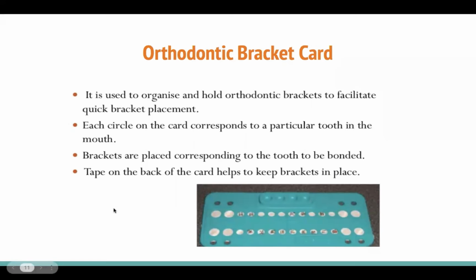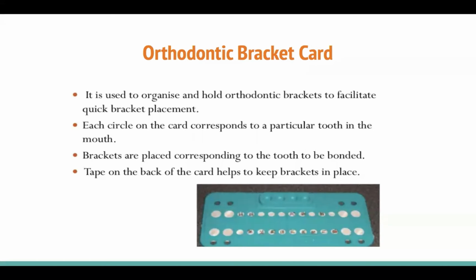Then you need, and this is optional, but if you are a beginner, this will help you, an orthodontic bracket card, a pad with glue, which can hold the bracket. So if you are transporting from one place to another, it is supported and the brackets are engaged. It is used to organize and hold the orthodontic brackets to facilitate quick bracket placement.